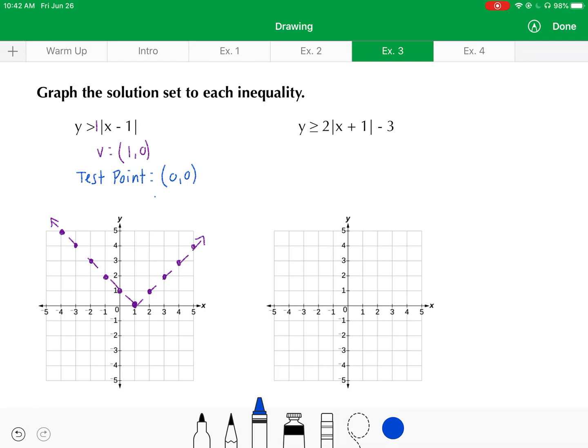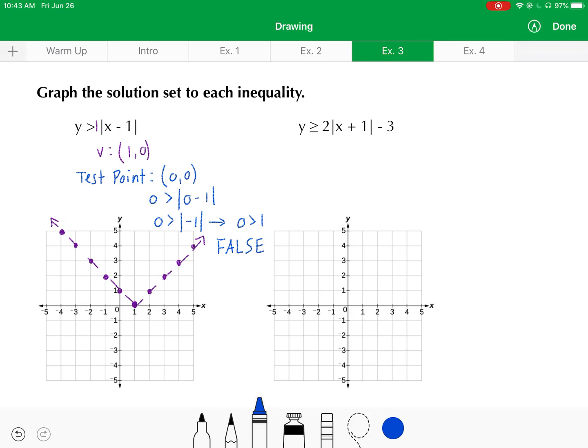If I plug 0 in for y, as well as in for x, I'm going to end up with 0 is greater than the absolute value of -1, which becomes 0 is greater than 1. That's false.